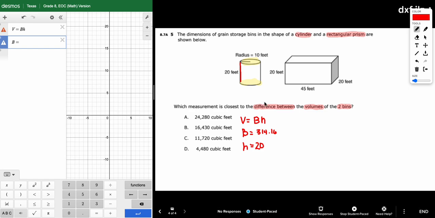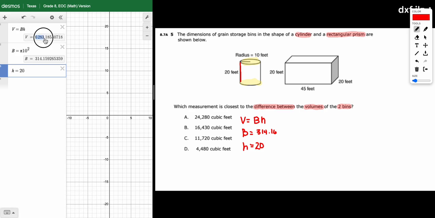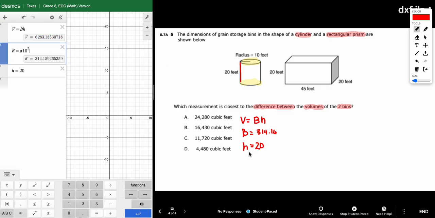And for anyone wondering where the 314 came from, again, that's the pi times the radius, which is 10 squared, which gives us 314 and 16 hundredths. And then the height is 20. So the volume of the cylinder is 6,283 and 19 hundredths. So I'm going to go ahead and write that down so that I can remember later.